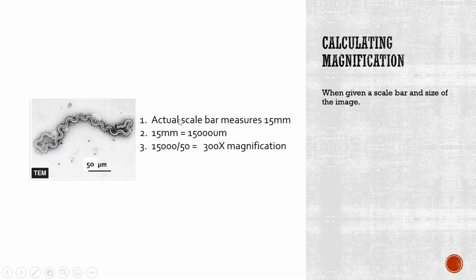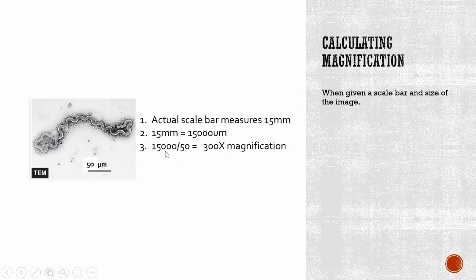Okay, here we have a magnification and an image. Now the actual scale bar measures 15 millimeters. 15 millimeters is the equivalent to 150,000 micrometers.